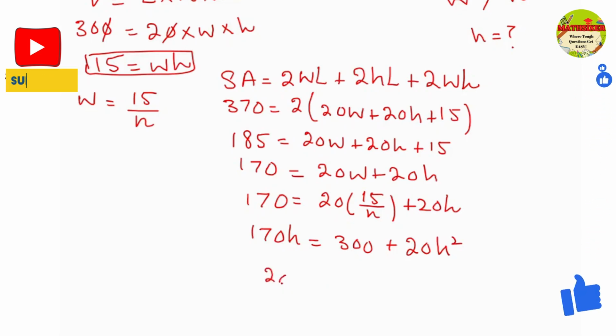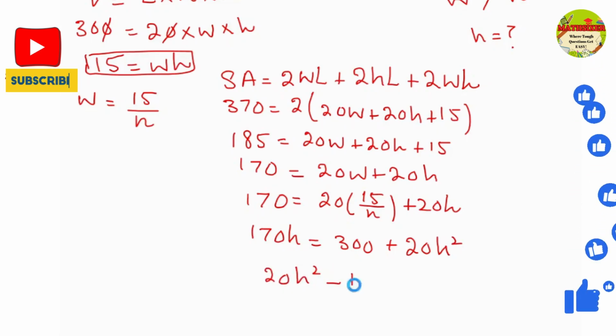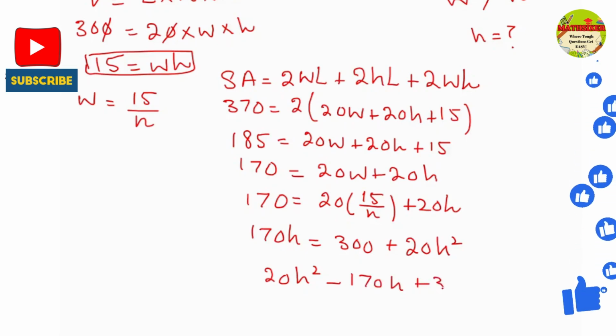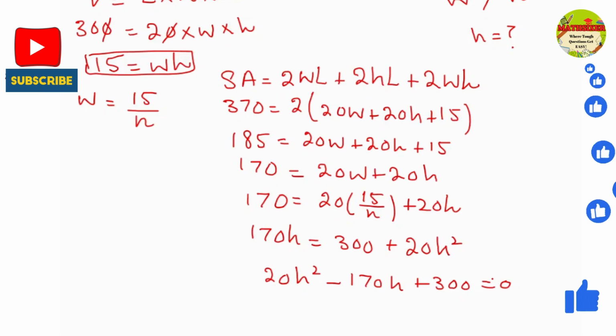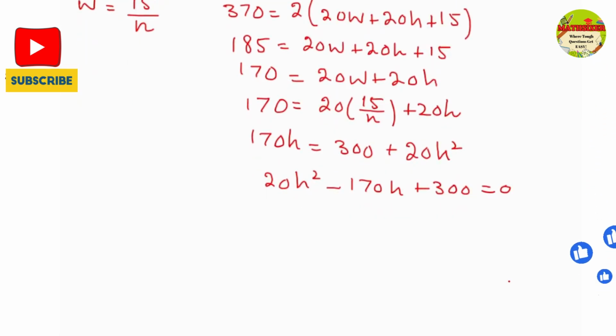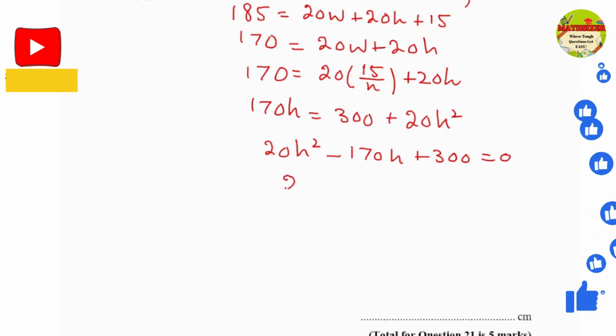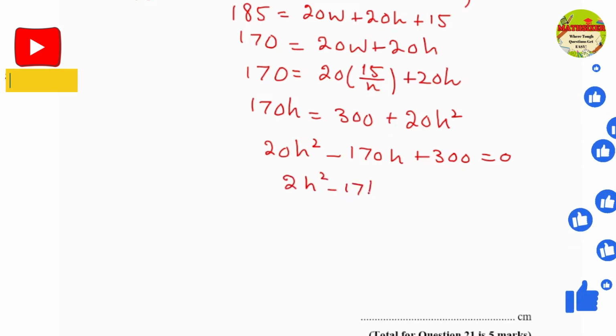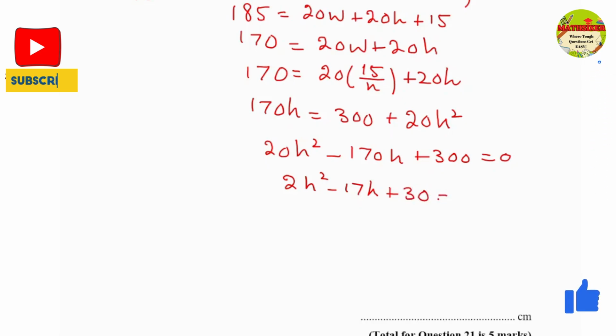So you're going to make one equation: 20H squared minus 170H plus 300 equals 0. Now we're going to divide everything by 10, and you will get 2H squared minus 17H plus 30 equals 0.